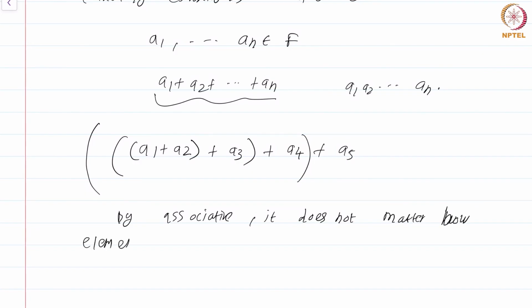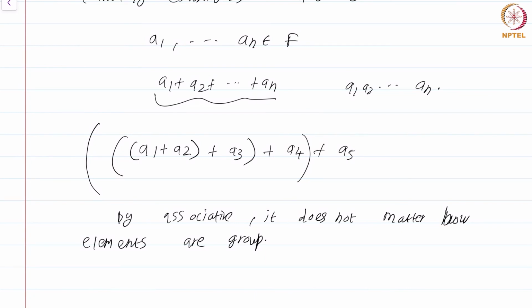You can group them in any way you want. To actually prove that it doesn't matter how you insert the parenthesis and just by associativity you always get the same answer, you have to use a boring argument using mathematical induction that I will not be interested in. So we will just skip it.